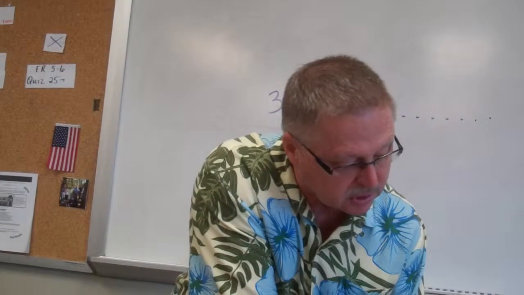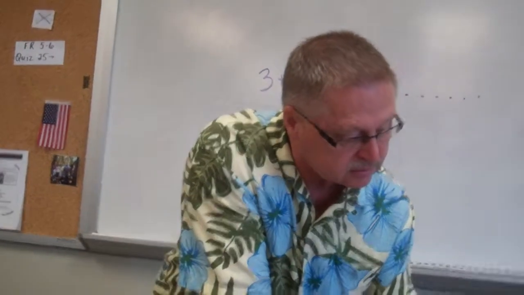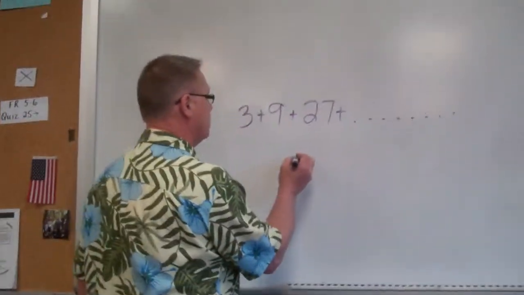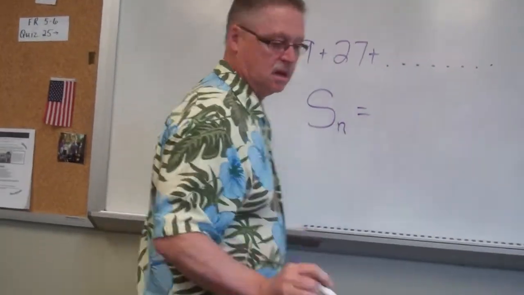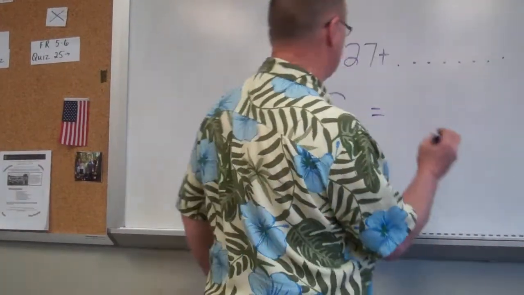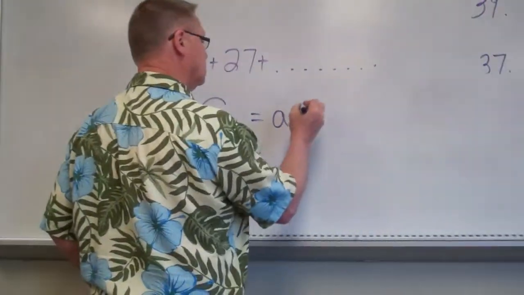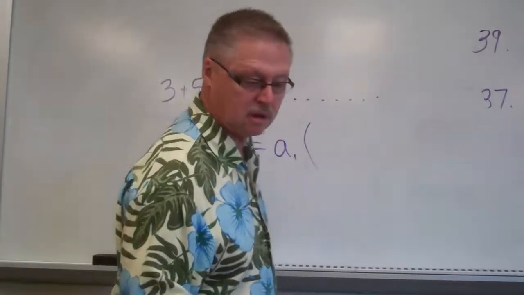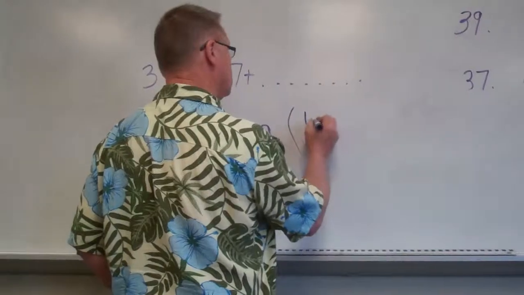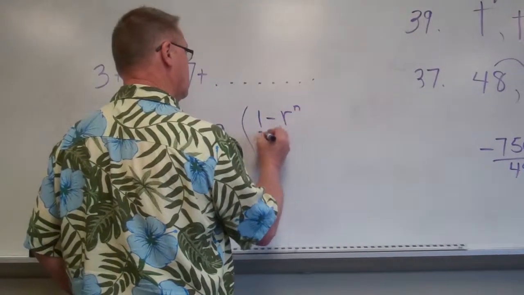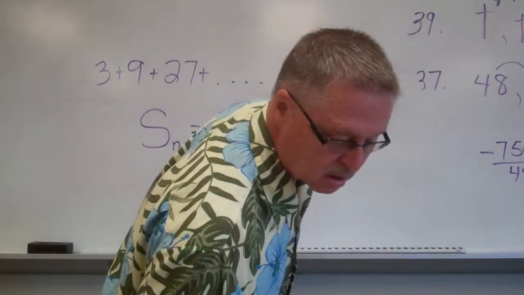We have special formulas for that, in case it really gets long. Turn to page 612. The special formula for the series of n terms is a sub 1 times 1 minus r to the n, over 1 minus r.